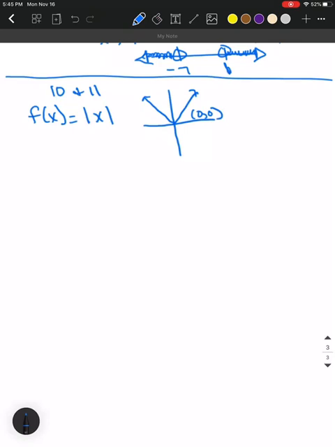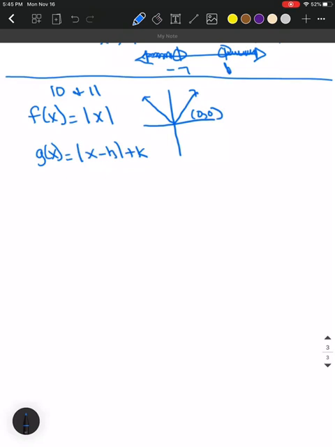So I want to help you remember the vertex formula for an absolute value function. So the vertex formula is g of x is going to be equal to the absolute value of x minus h plus k. I know that may look confusing, but remember, it's not that challenging.